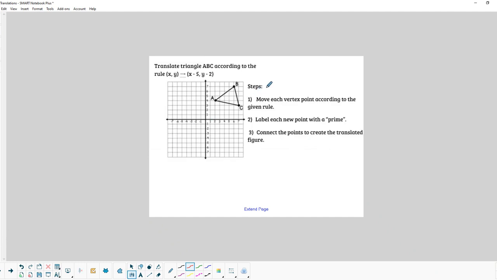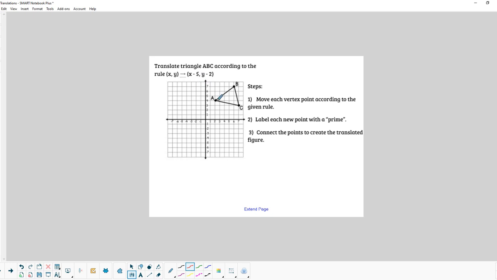All right, so let's take a look at this one. If you were doing this assignment on Alex, sometimes they actually give you a figure that you can slide using your mouse, but today we're doing it on a worksheet. So we're going to have to do some counting and moving things and regraphing this image. The first one, we're going to move everything to the left 5.